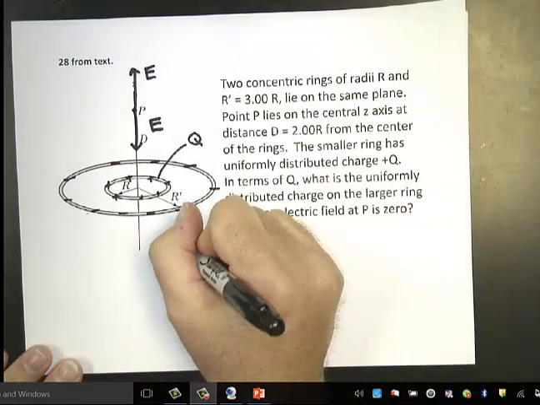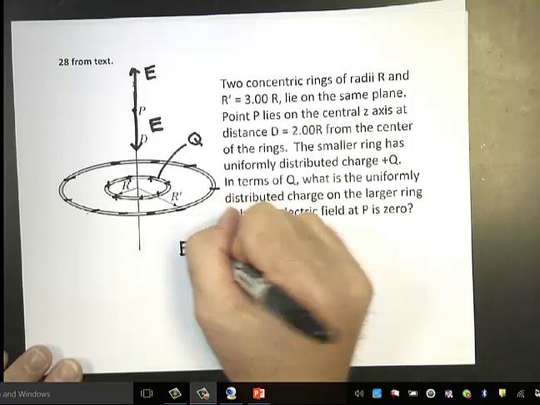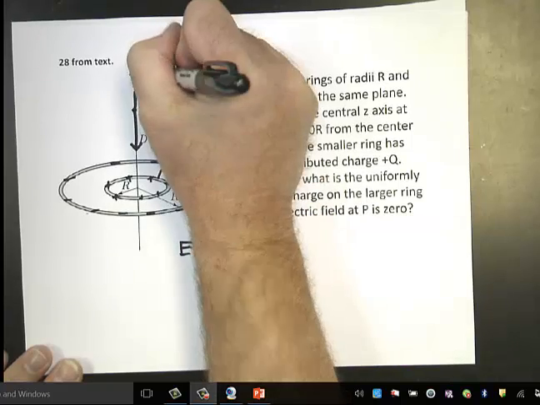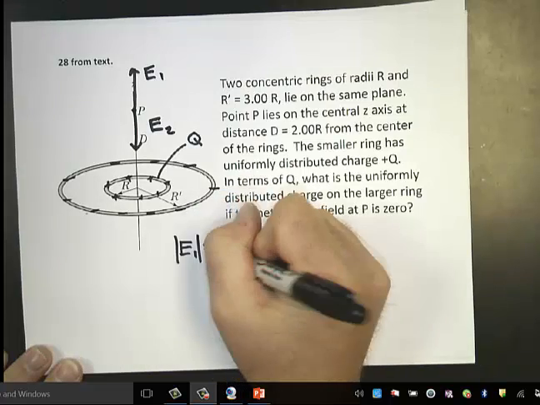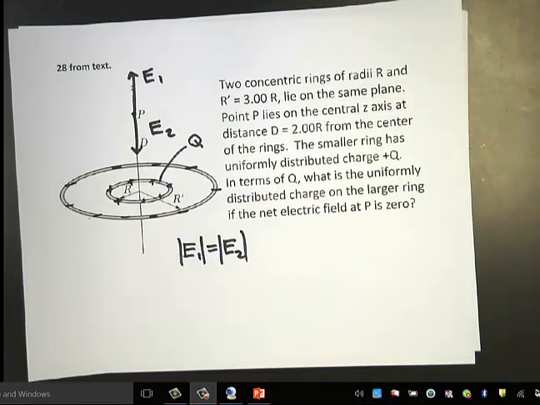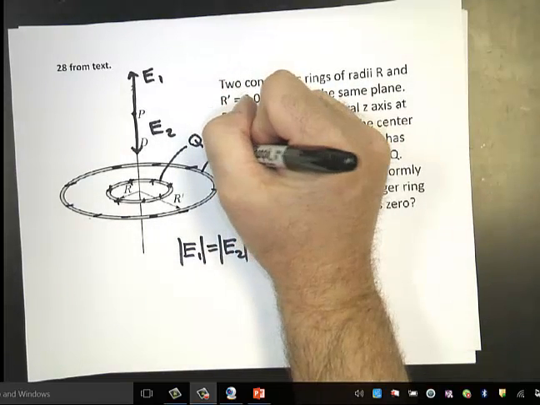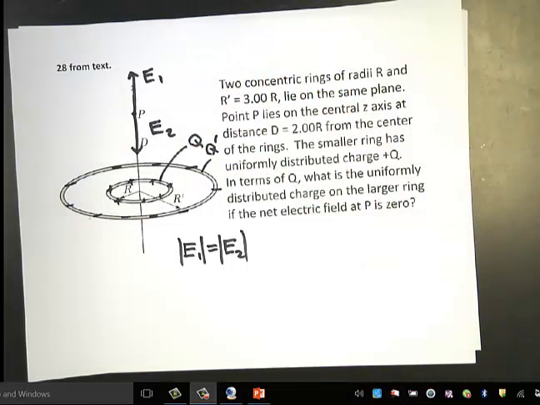So what if we set E1 equal to E2? I'll slap absolute value signs on them because they are in opposite directions, so they're not equal, they're equal and opposite. Let's see if we can figure out the charge, call it Q prime, on the bigger ring.